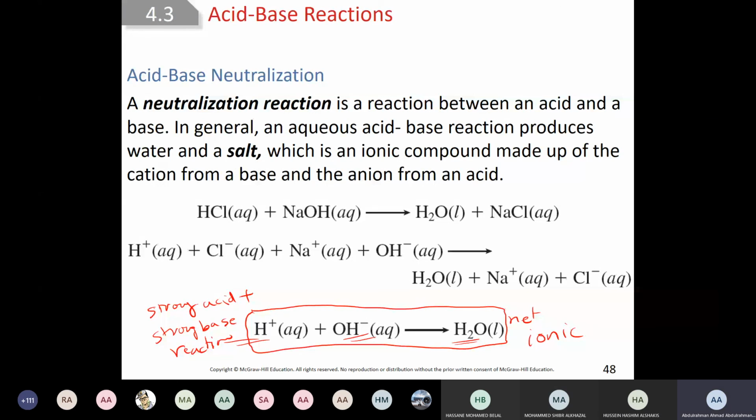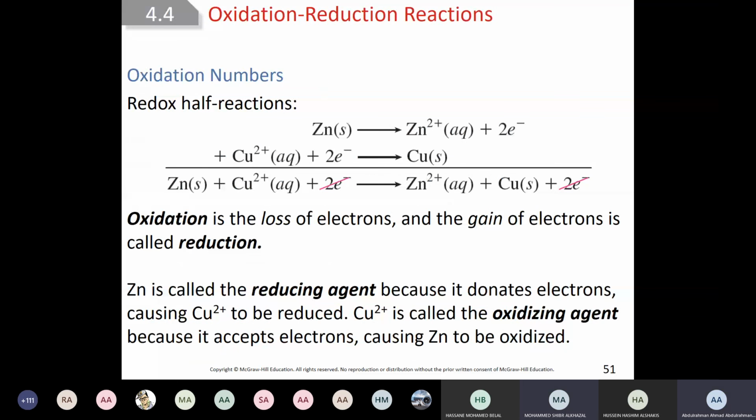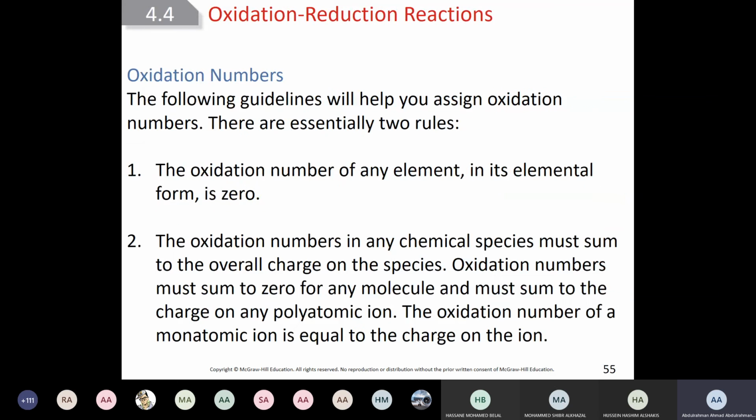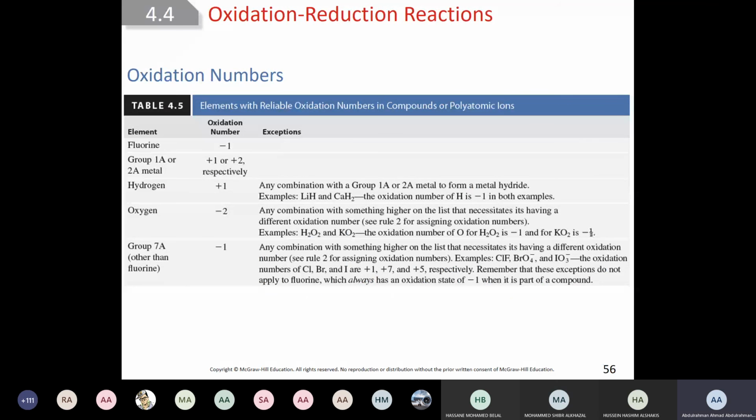All right. Next. When we have many compounds, when any element loses electrons, F goes to F minus, plus electron.